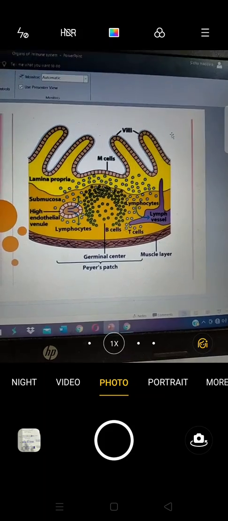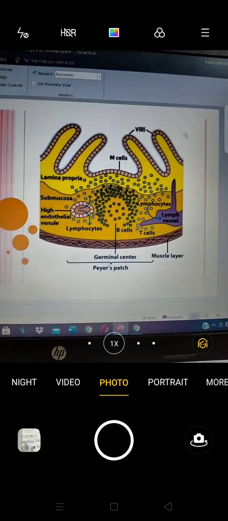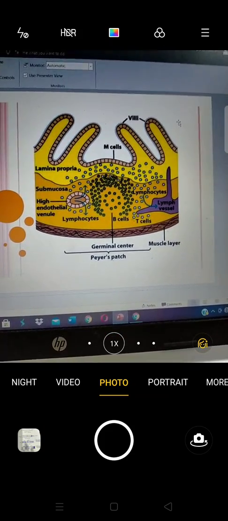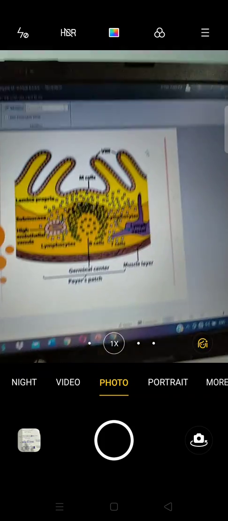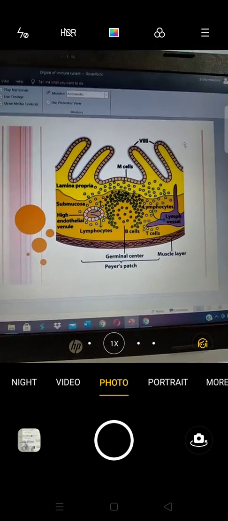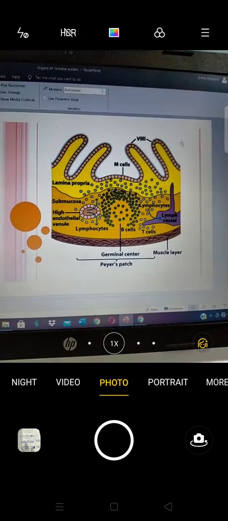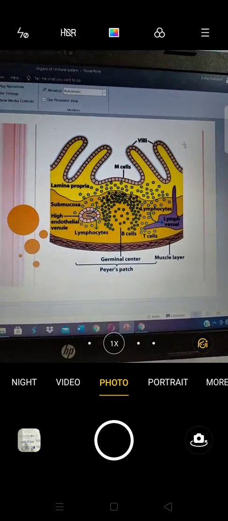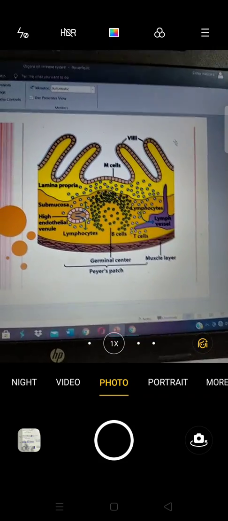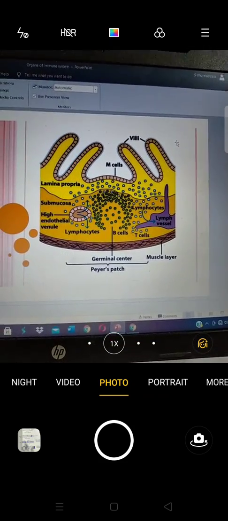The Peyer's patches are covered by specialized epithelial cells which have no microvilli. But the surface seems wrinkled or folded under the scanning electron microscope. This is called microfold.